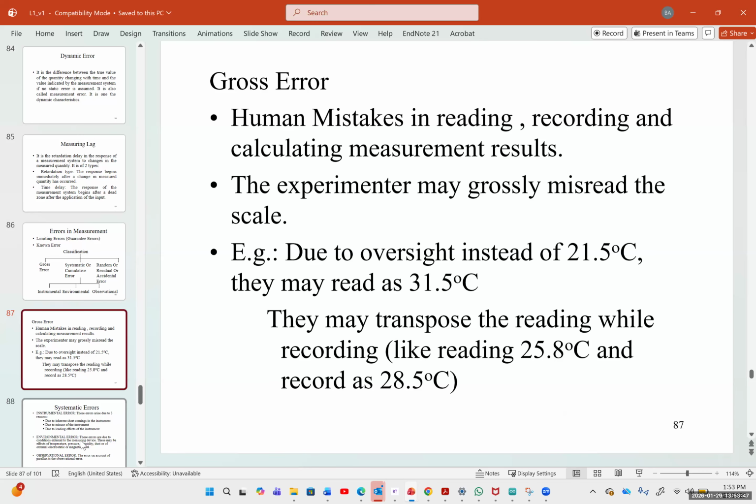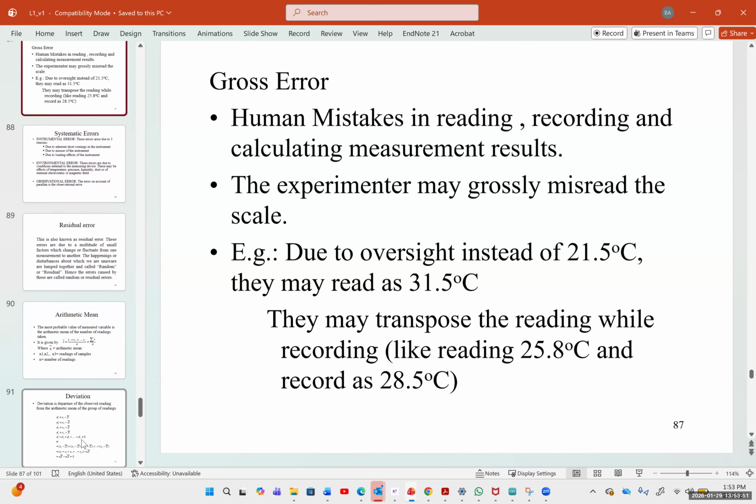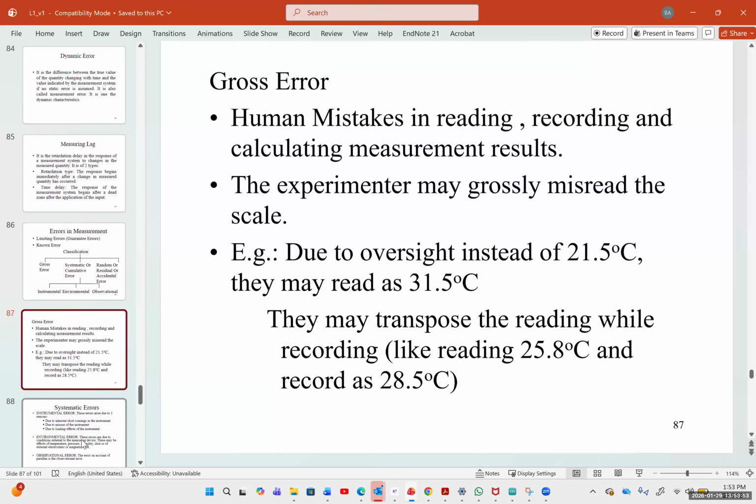Now, some examples of gross error are human mistakes in reading, recording, and calculating measurement results. The experimenter may grossly misread the scale. For example, they may read 31.5 instead of 21.5. This is human error.